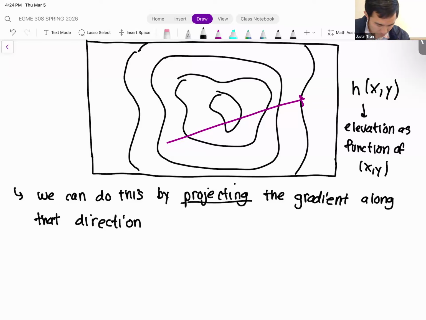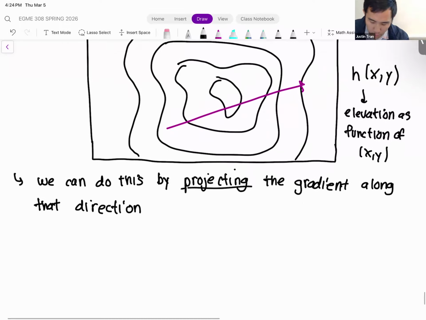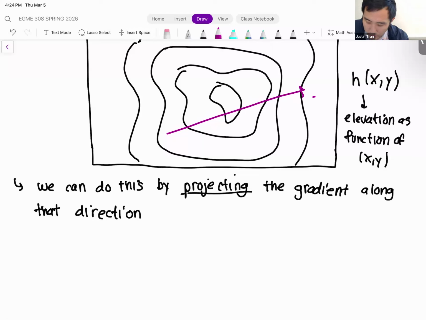In other words, we're going to take the dot product. Let's say that this direction is quantified as some vector A. So we can say that the directional derivative along the direction of A of our function f is equal to the dot product of A and the gradient of f.